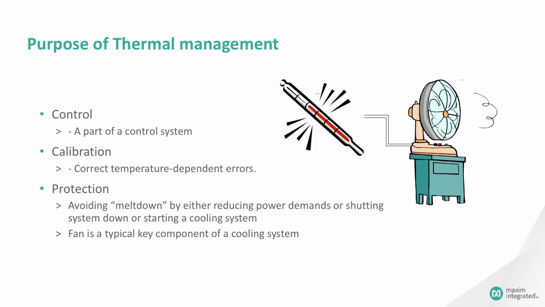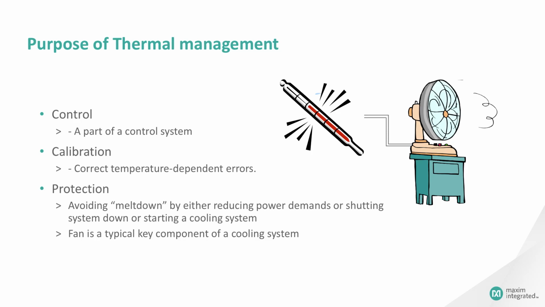Protection. Many components in electronic systems can be exposed to temperature extremes that can damage them. This can range from ambient conditions, power dissipation in nearby components, or their own power dissipation. Thermal management components can be deployed to detect, and in some cases eliminate, potentially dangerous thermal conditions before they can cause damage.